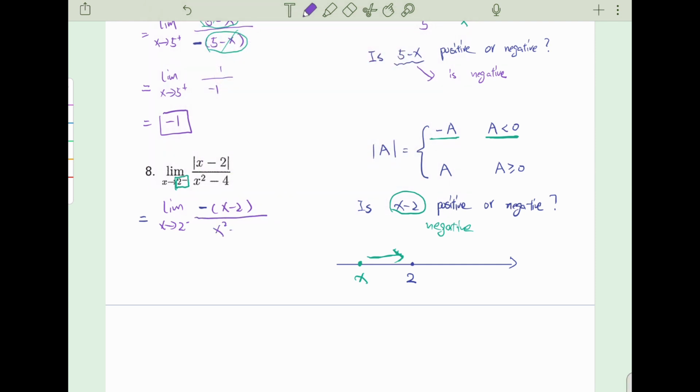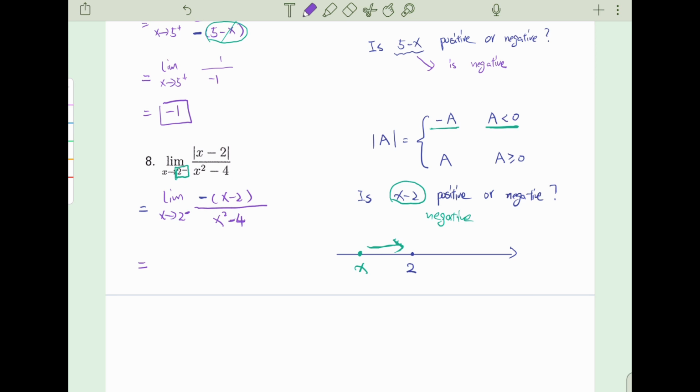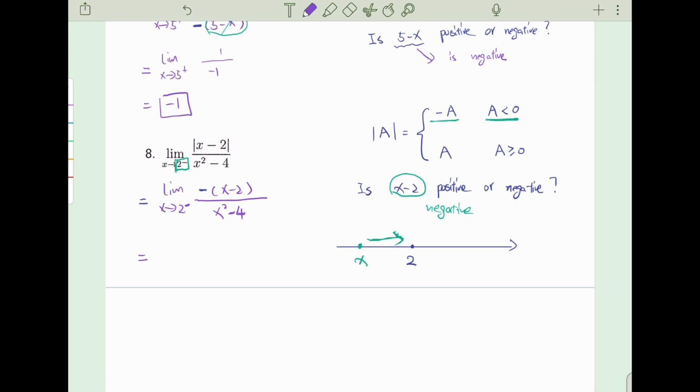There's x squared minus 4. Okay. And now this question has been turned into the previous type of questions, that is the zero factor type.